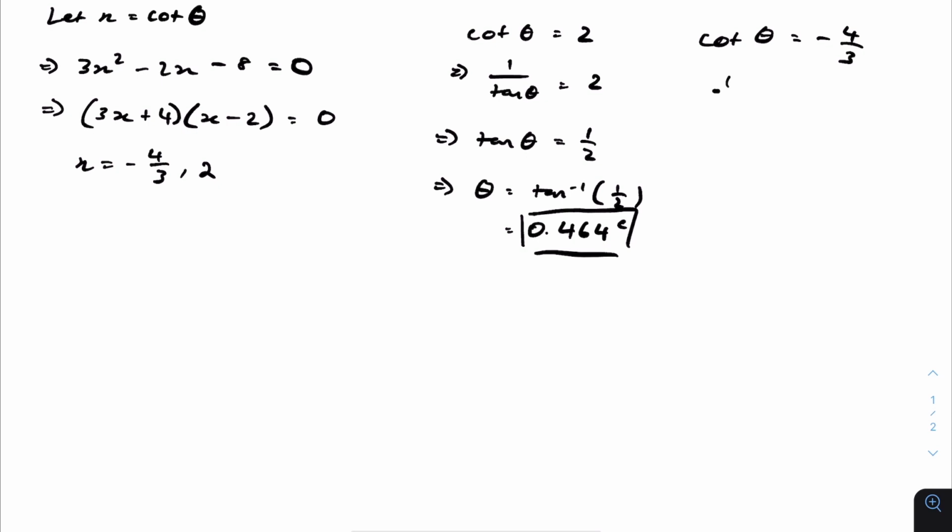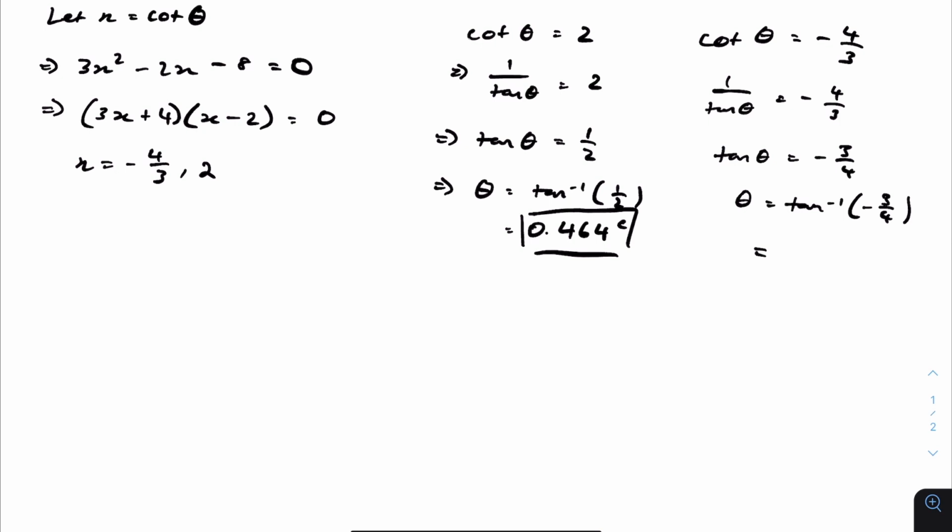So 1 over tan theta is equal to negative 4 over 3. So tan theta is equal to negative 3 over 4, and theta is equal to the inverse of tangent of negative 3 over 4. If we put that into our calculator, we get negative 0.644 radians.